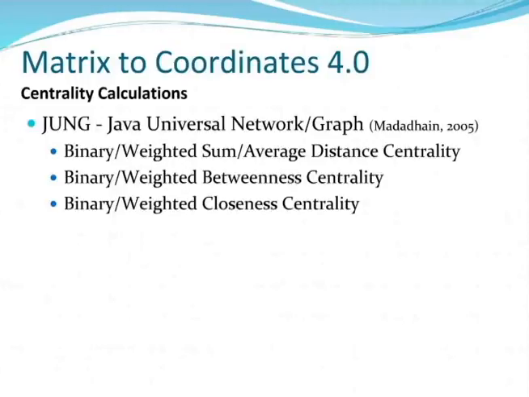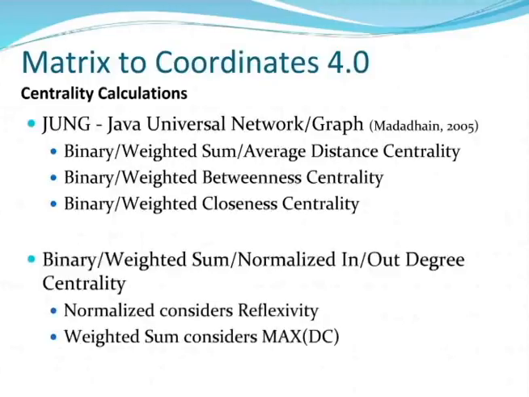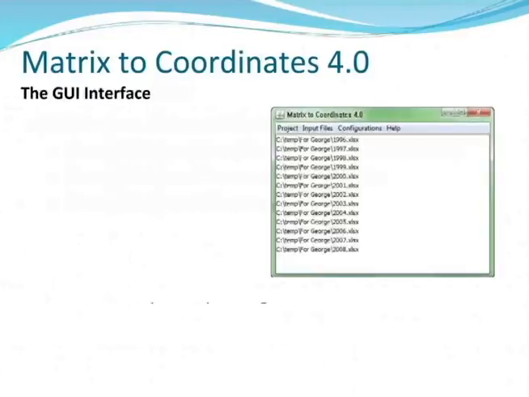I use the Java Universal Network Graph method, which is publicly available and used widely, to create the binary and weighted sum and average distance centrality, which gives you 4 values, binary weighted betweenness, which is 2 values, binary and weighted closeness, which is another 2 values, and then finally, I give you 4 values of degree centrality, which I calculate internally because it's faster than using Jung under the case of what I've done.